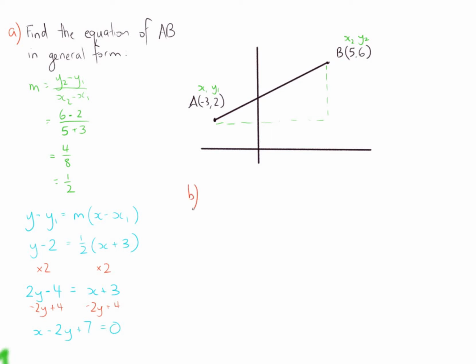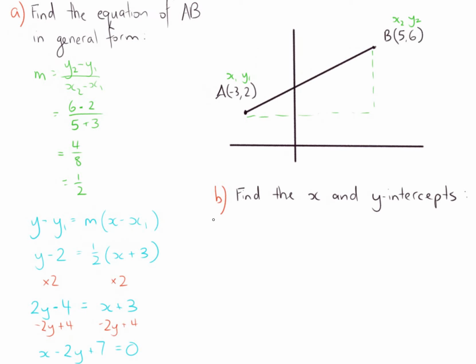Now part B of this example is to find the x and y intercepts. Remember that the x-intercept is when y equals 0. So, to find the x-intercept, we will set y equal to 0 in our equation.